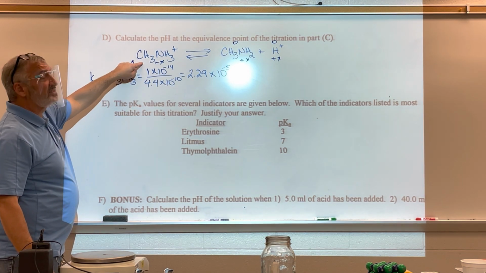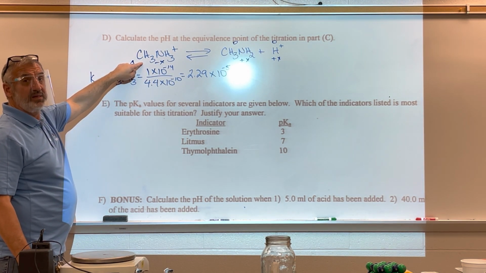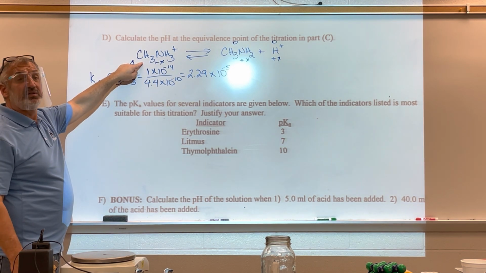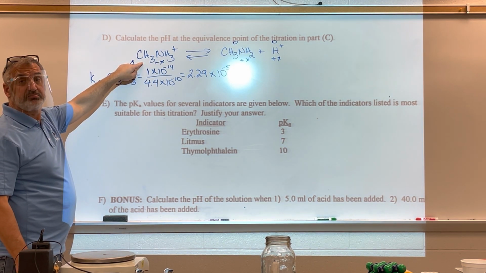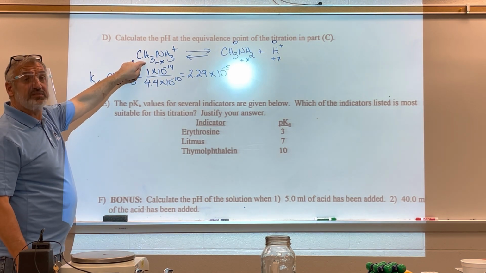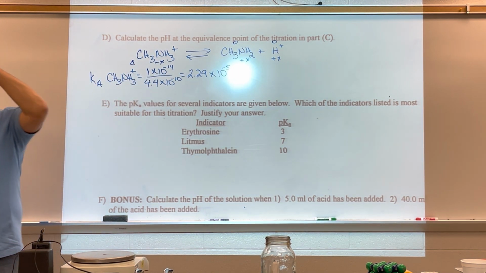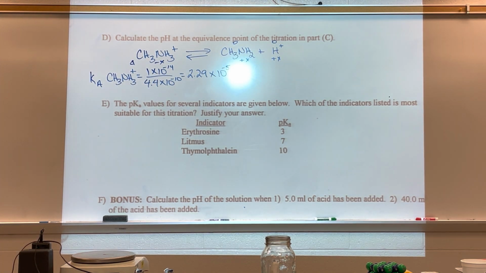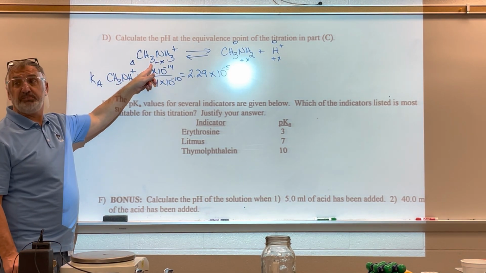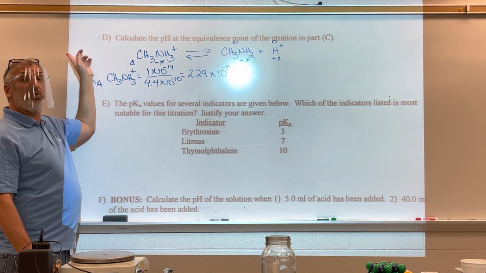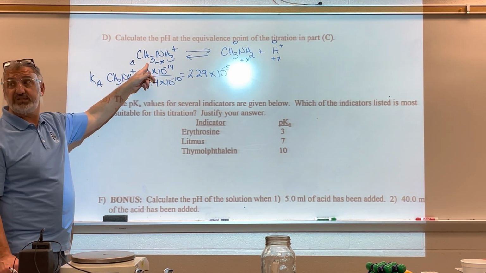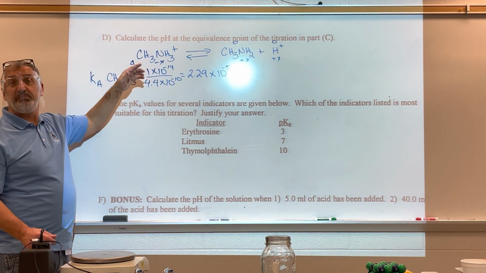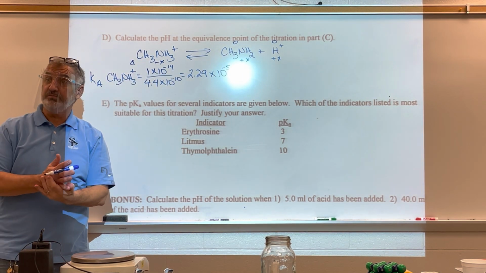So how do I find this concentration? This is the tricky part. How do I find this? Okay, I think you're saying it right. Where did all of this come from? From the methylamine that you originally put in there, right? However many moles of methylamine you put in, that's how many moles of this are going to get produced, divided by now the total volume.